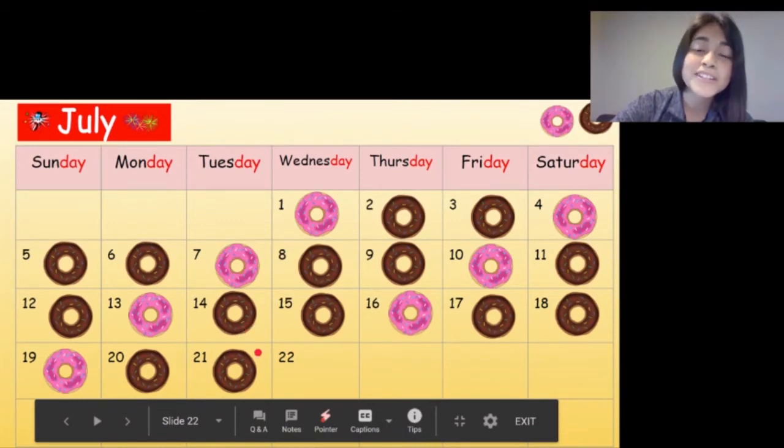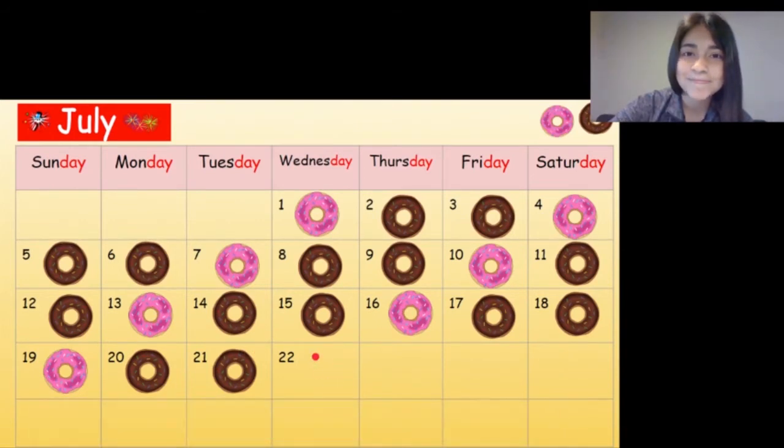Yesterday we had a brown donut. The day before that we had a brown donut, and the day before that we had a pink donut. So far I went pink, brown, brown. What's going to come today? Yep, a brand new pink donut because you're beginning that new cycle again.